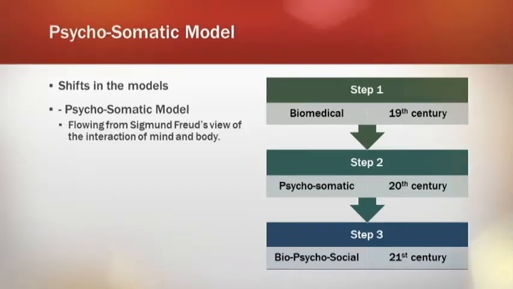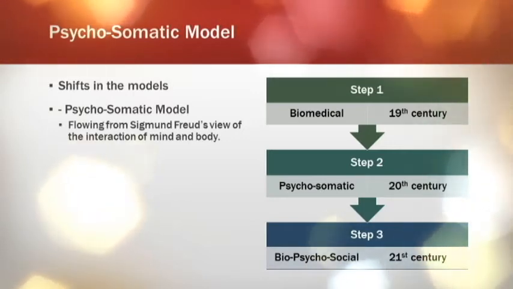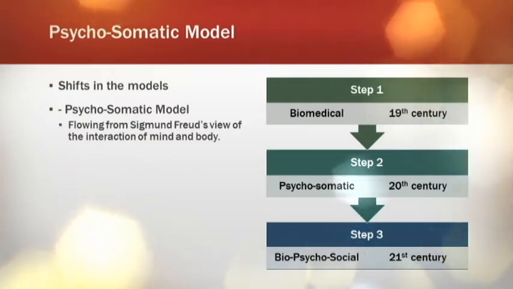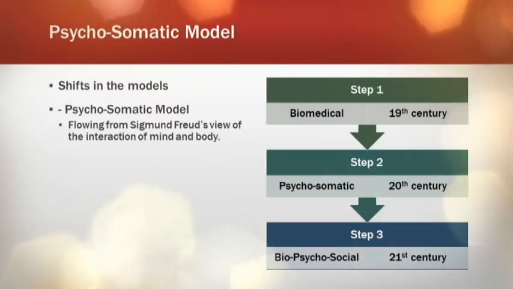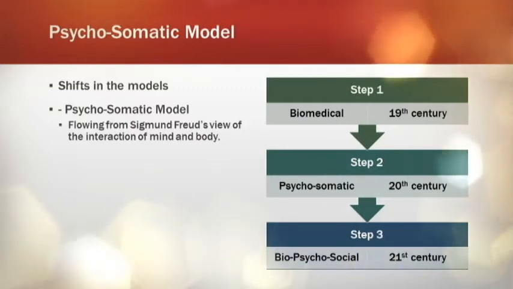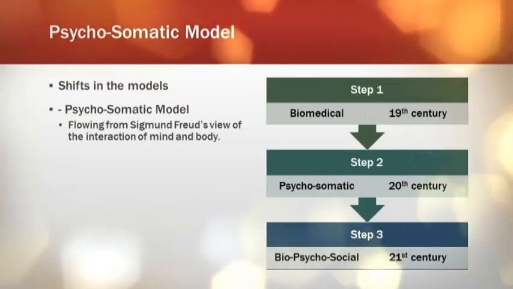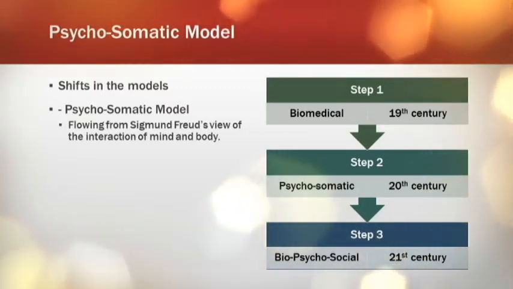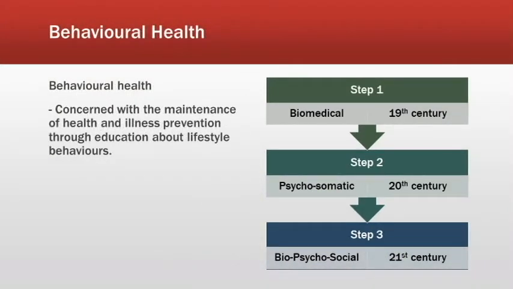So Freud argued that this condition was an indication of the individual's state of mind, and that repressed experiences and feelings were expressed in terms of physical problems. And this explanation indicated an interaction between mind and body, and suggested that psychological factors may not only be consequences of illness, but may contribute to its cause.